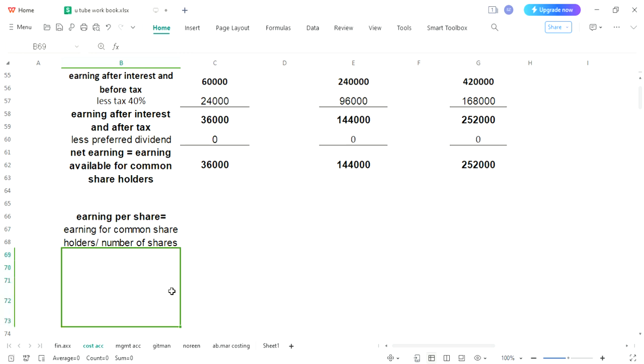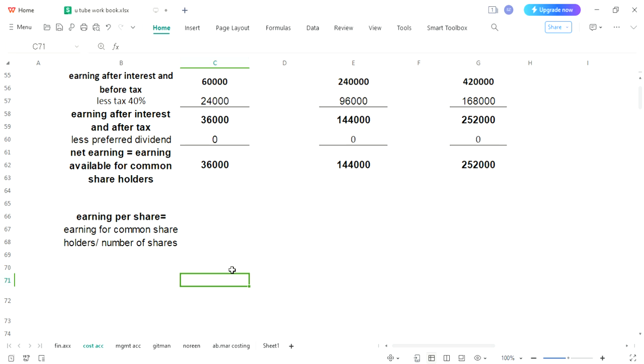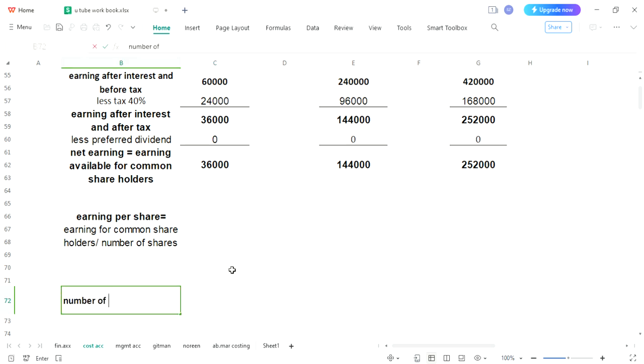So this number of shares would be calculated separately. Let's see how we can do it. Alright, here this space can be used. Number of shares. For that, we need equity divided by per share price.